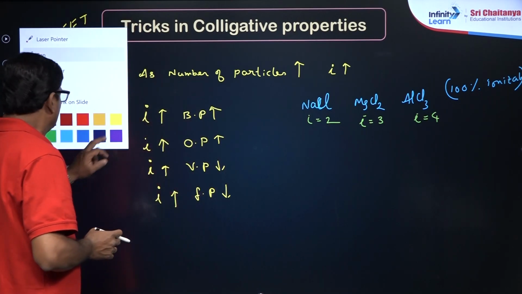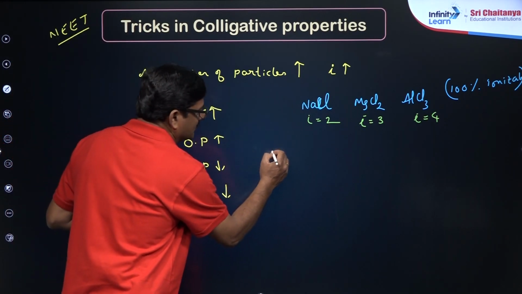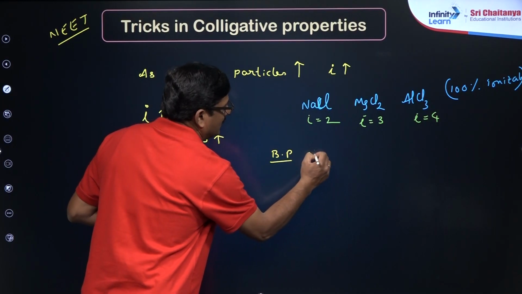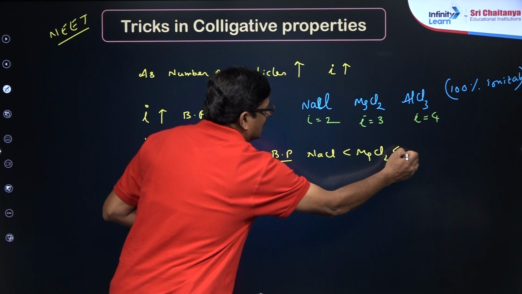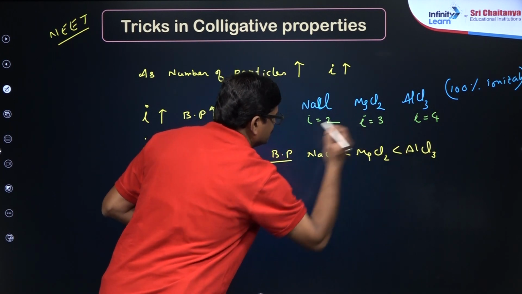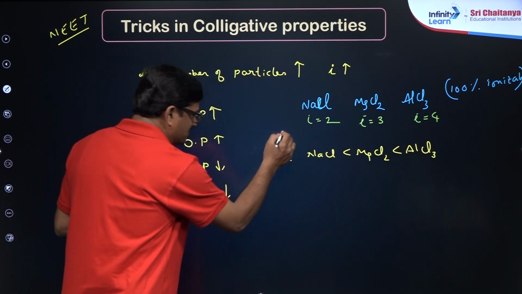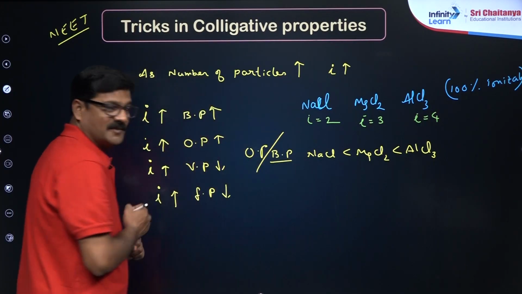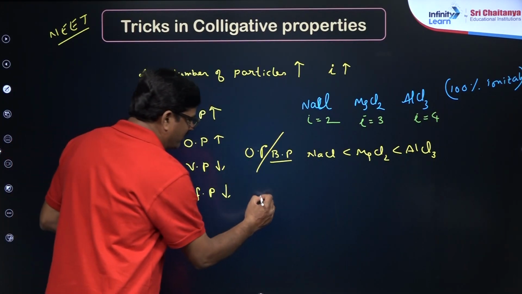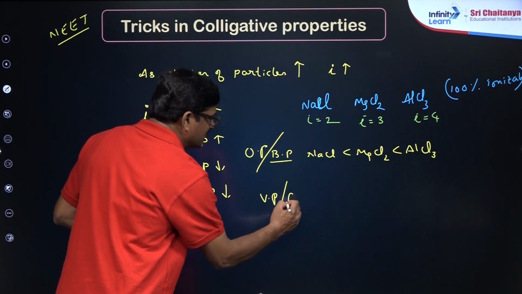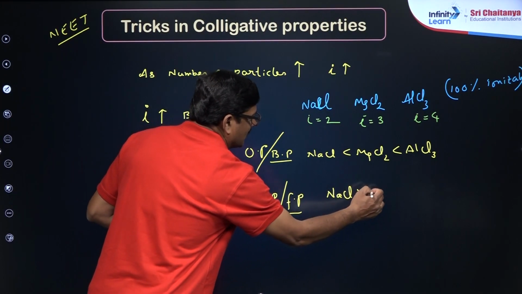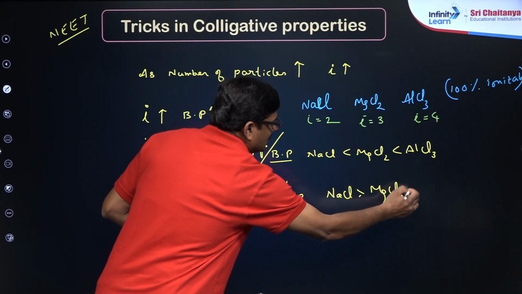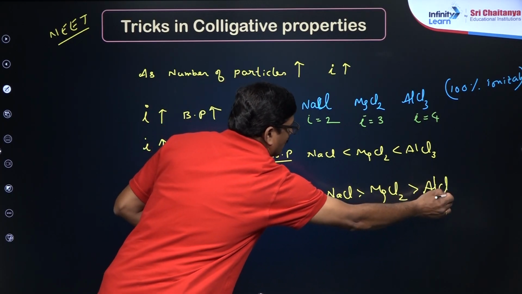Based on that, you can say the boiling point of NaCl is less than magnesium chloride, which is less than aluminum trichloride, and osmotic pressure follows the same. Vapor pressure and freezing point follow the reverse: NaCl is greater than magnesium chloride, which is greater than aluminum trichloride.